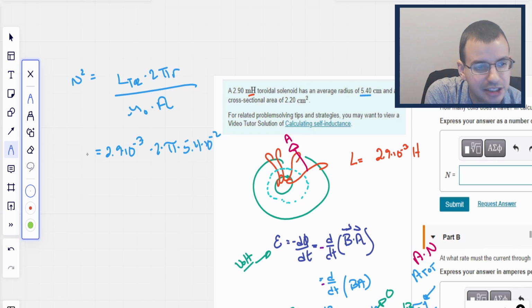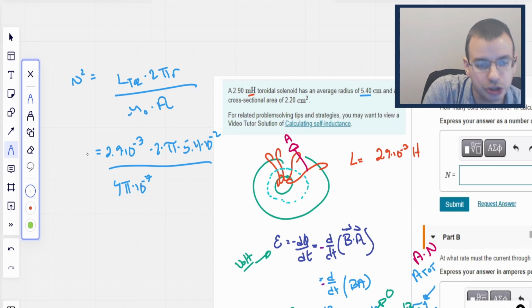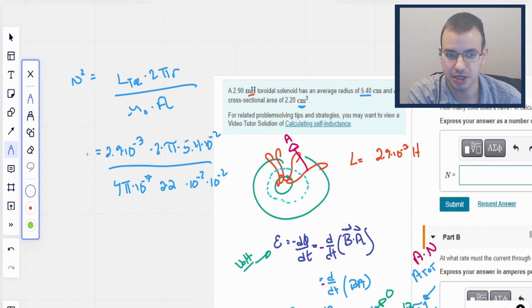I know my handwriting is terrible. I am sorry. Over 4 pi times 10 to the negative 7th, because that's just what mu naught is. And then the area is 2.2 centimeters squared. So I'm going to write that as 2.2 centimeters squared. And then for centimeters squared, I'm going to do 10 to the negative second times 10 to the negative second, because I converted both centimeters to meters.